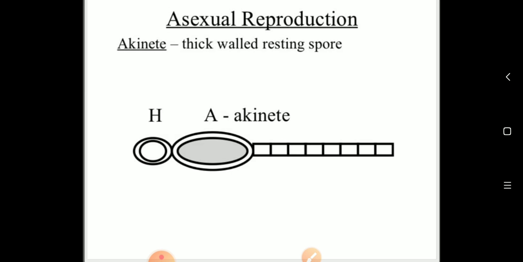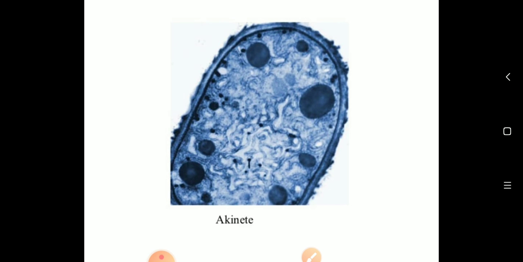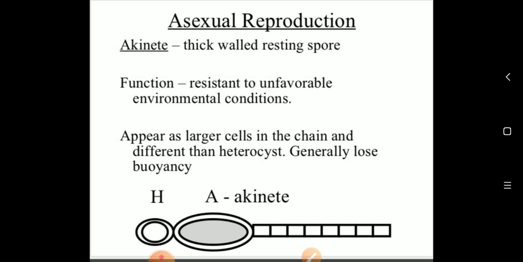Now second is akinete. An akinete is a resting spore which is quite larger than other cells, and it has a thick cell wall. It's an akinete's electron microscope image showing lots of storage food in it, so that the cell can survive even in adverse conditions. What are akinetes?